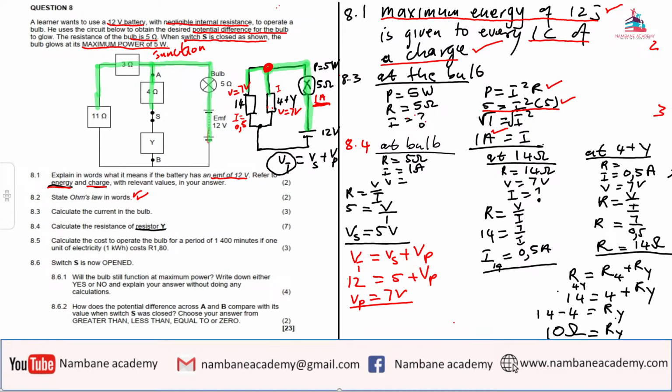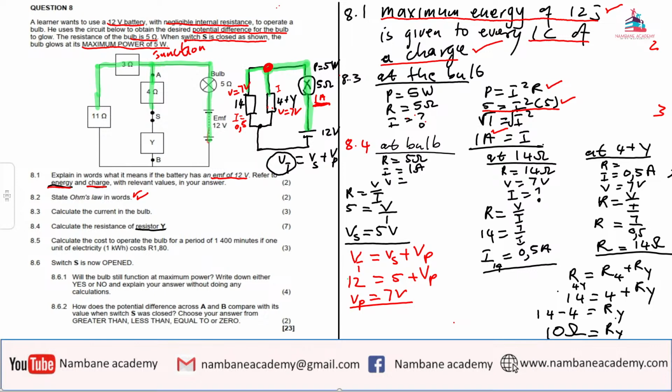Someone will ask, but why? Because the combination of parallel is not the same as the combination of series. So it is always important to have that V total equals Vs plus Vp, where Vs is the potential difference of the series section and Vp is the potential difference of the parallel section of the circuit.